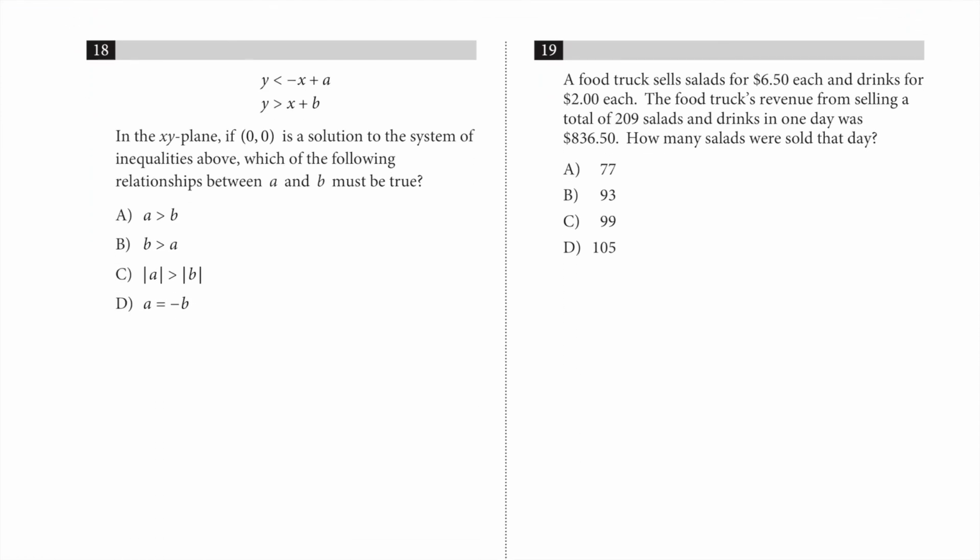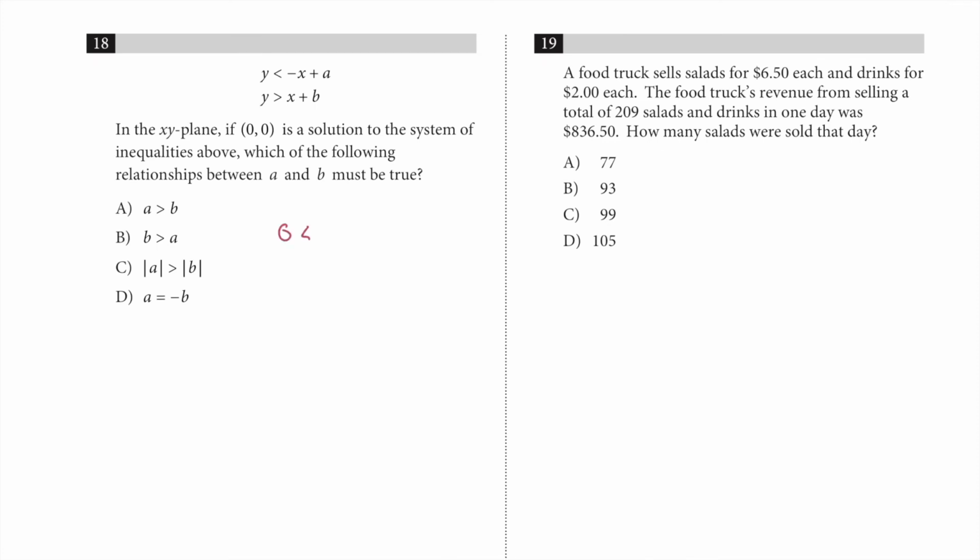In the xy plane, if 0, 0 is a solution to the system of inequalities above, which of the following relationships between a and b must be true? So let's start by plugging in 0, 0 for the two inequalities given above. We'll get 0 is less than 0 plus a, and we're given 0 is greater than 0 plus b.